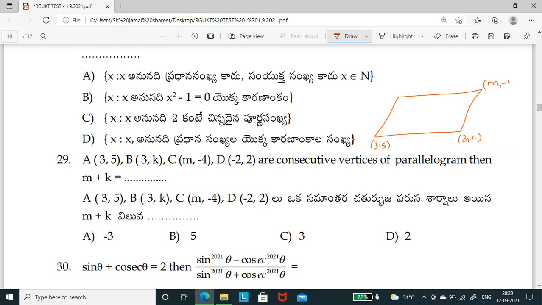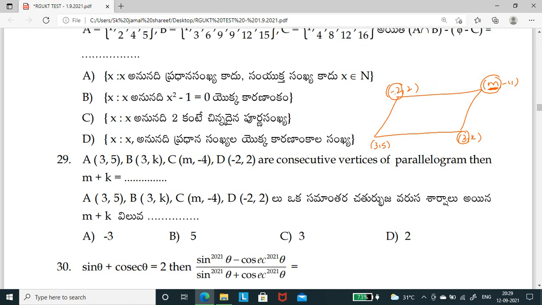So this is m comma minus 4 and this is minus 2 comma 2. Since I need the value of m, what you can do is simply add the x coordinates which are beside m. So 3 minus 2, which is nothing but 1. So 1 minus 3.